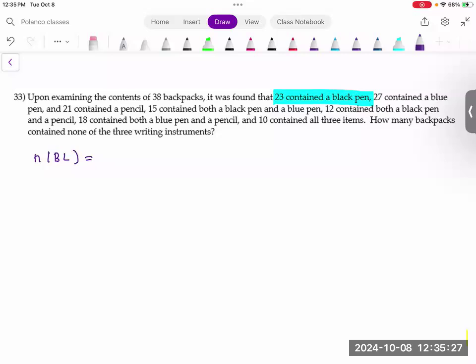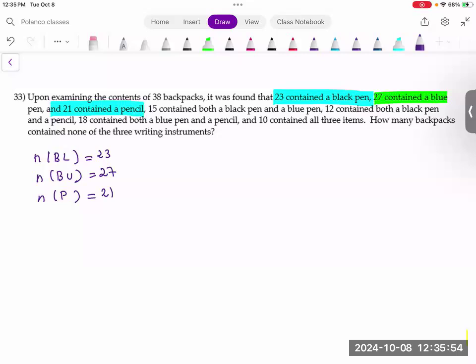And that's gonna be 23, right? And then I go to the next one, 27 contain blue pen. So the number of BU is gonna be 27 here, right? Keep going with this. 21 contain pencils. So the number of pencils, P, is gonna be 21. Are we okay with this?